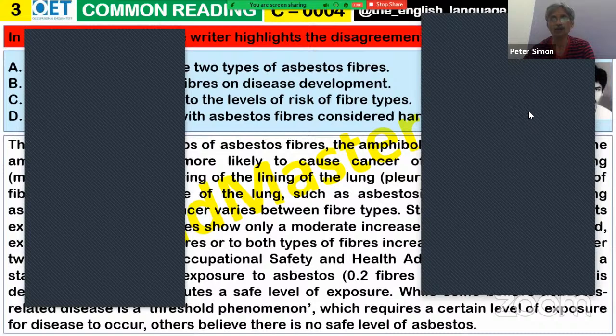Mr. Abdullah Al Maruf, please do not post the IELTS WhatsApp link here. I don't want you to post again because you are present. I am trying to help you out in your group, but please do not post. This is an OET group and you are not supposed to. Yes, of course, I teach IELTS. That is a different thing, but I do not mix up the people and the subjects.